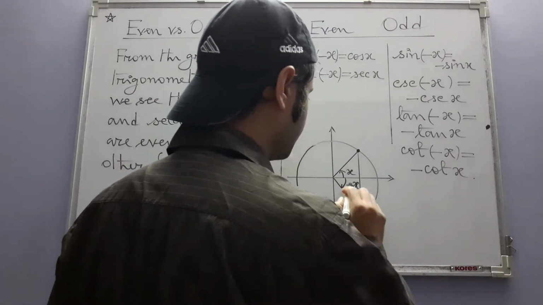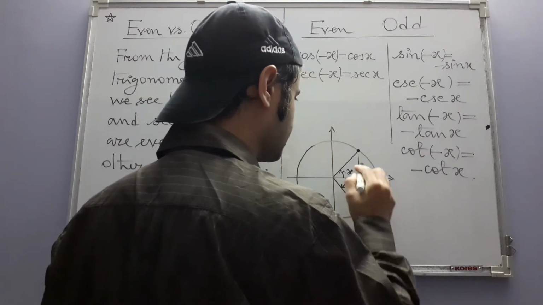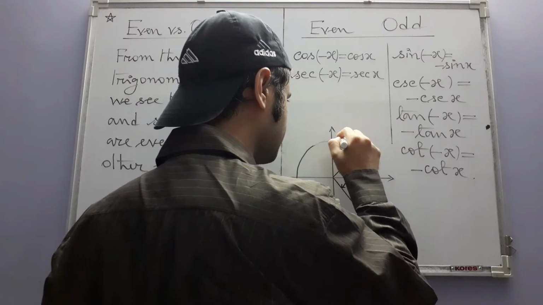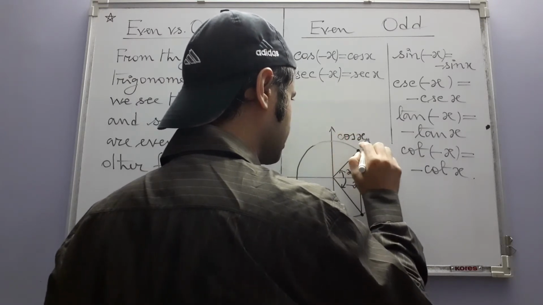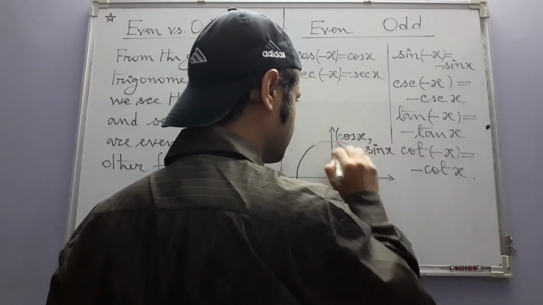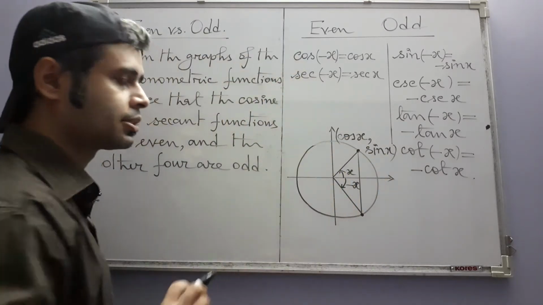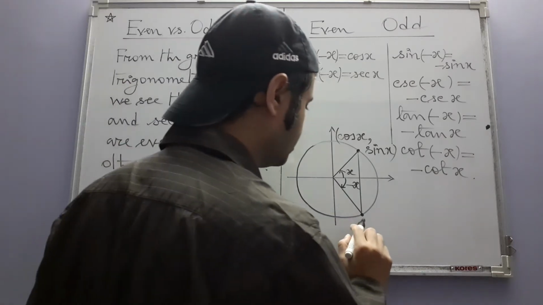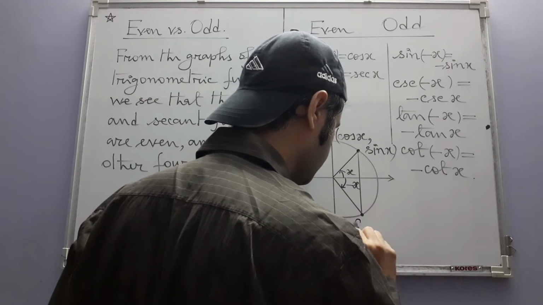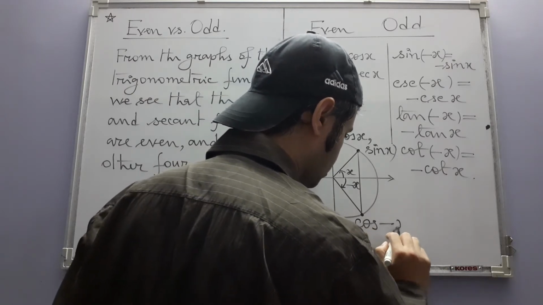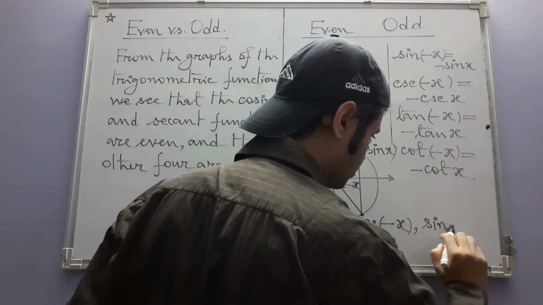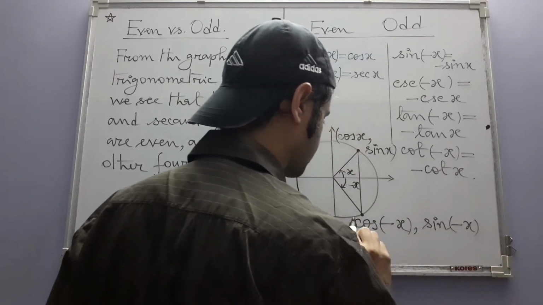So that means, and because we have chosen the unit circle, the coordinates of this point will be what? Cos x, sin x, by the definition of cos x and sin x. And again, the coordinates of this point will be by definition cos minus x, sin minus x.